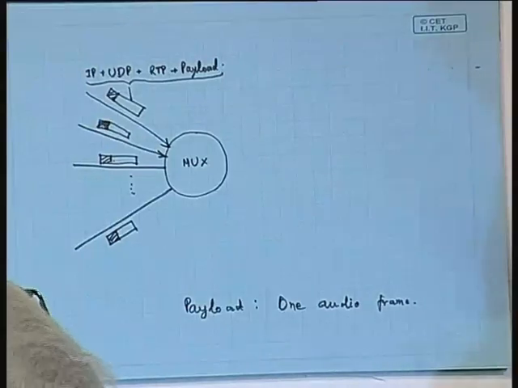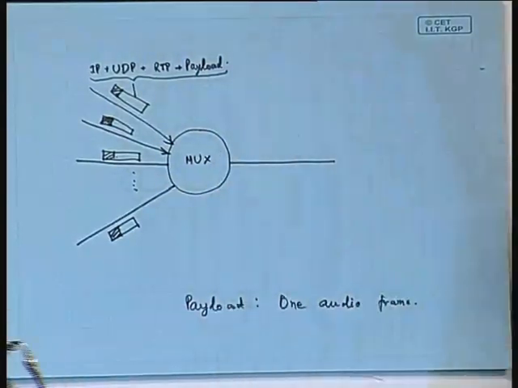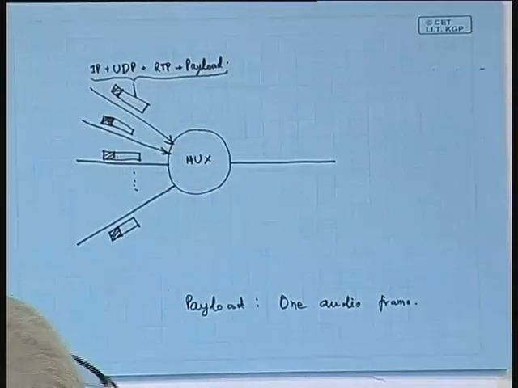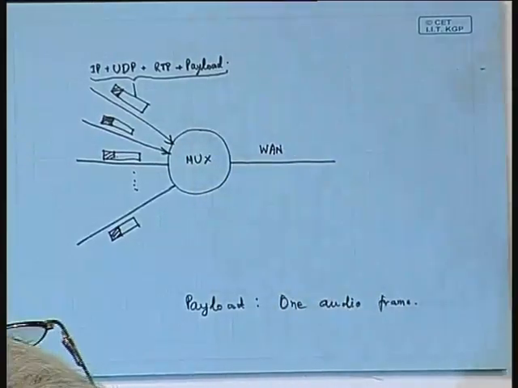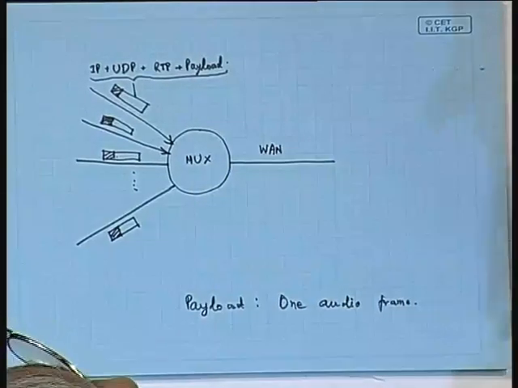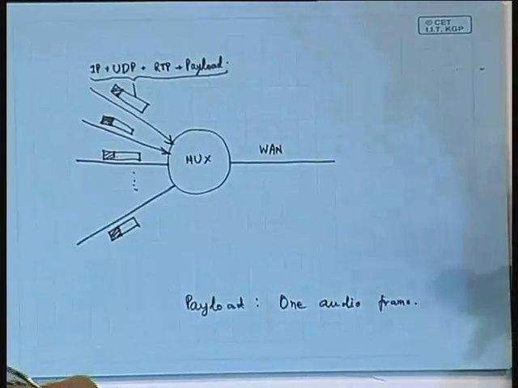So, there we are not concerned, but what we are concerned with is when we go out of this multiplexer and then we are in the WAN segment, the wide area network. There in the wide area network we are going to face some bandwidth constraint.